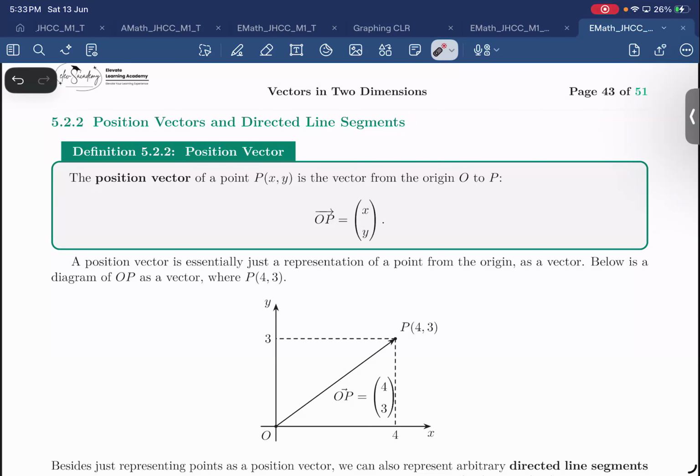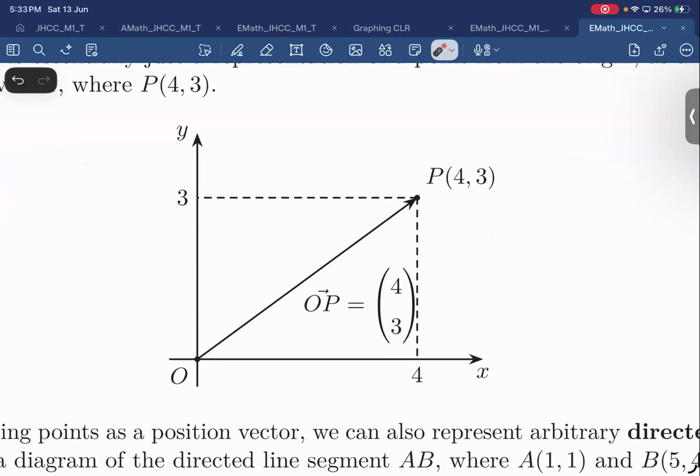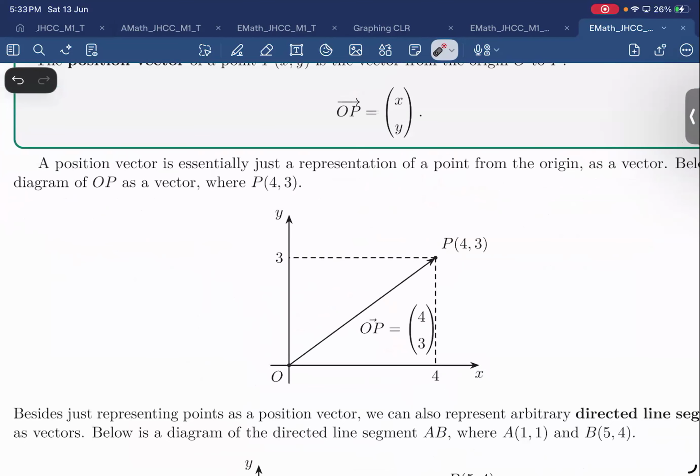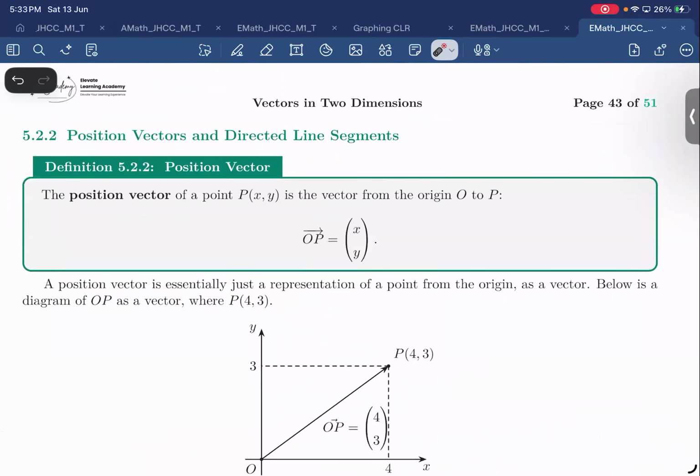How to write a position vector? The first letter will always be O. The second letter is whatever point you want to represent. Then for the terms, the x coordinate is the top term and the y coordinate is the bottom term. So a position vector is a vector from the origin, so it's 4, 3.